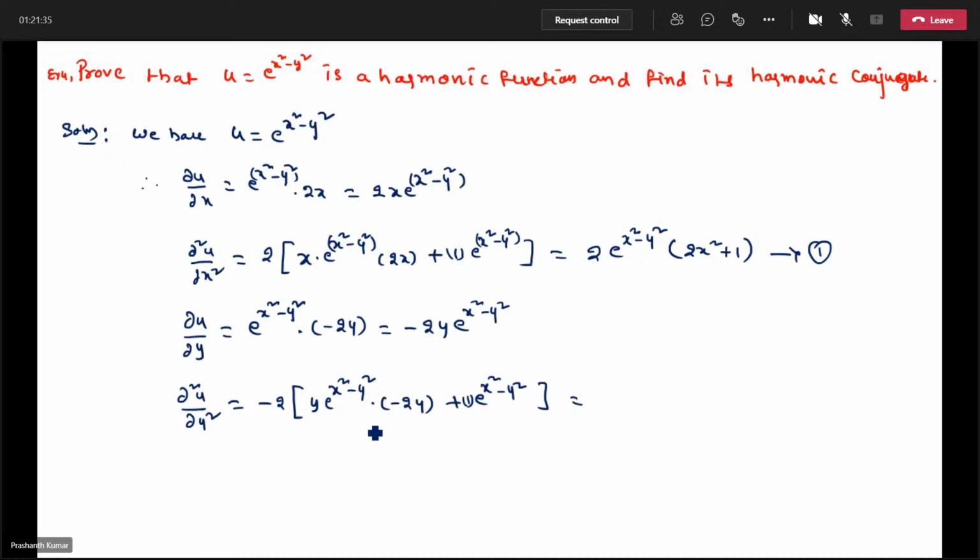This is equal to minus 2 e to the power of x square minus y square into minus 2y square plus 1.